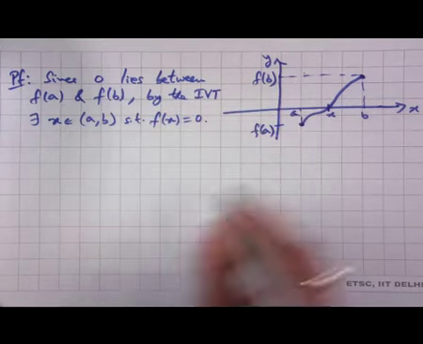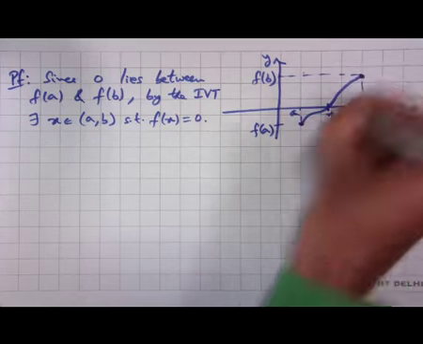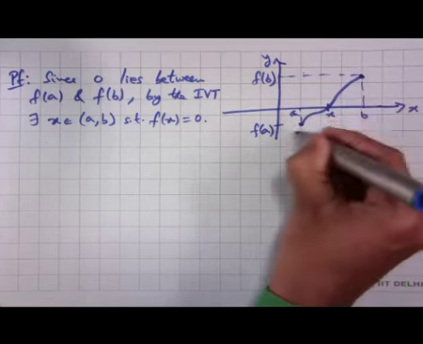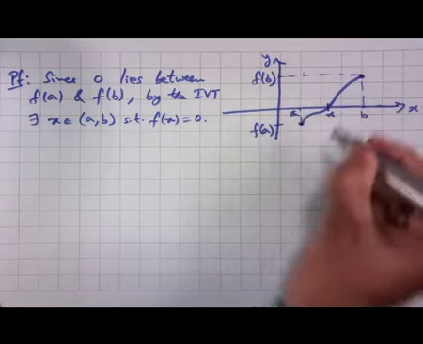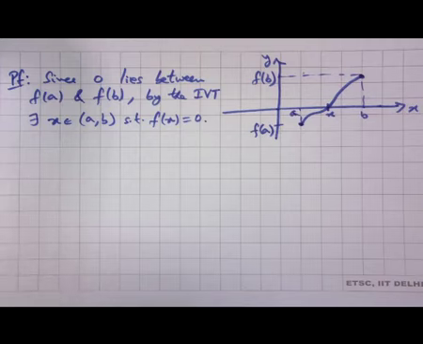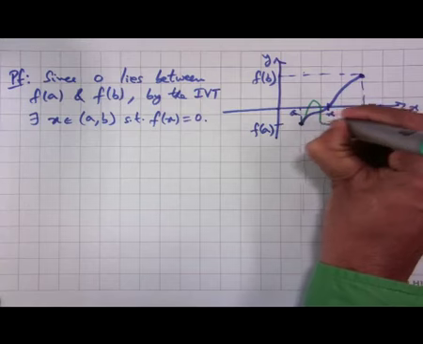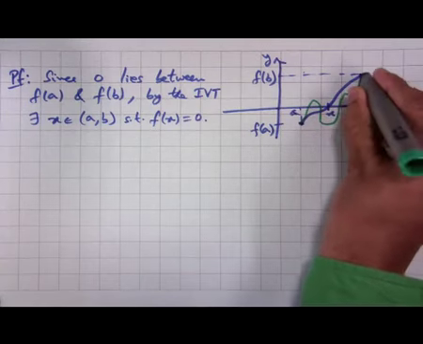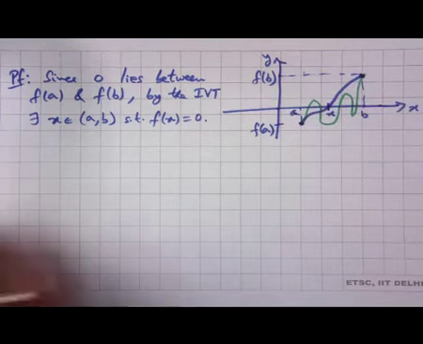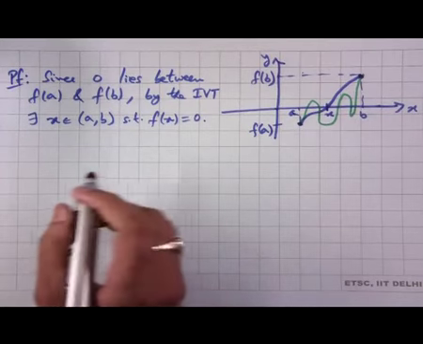Of course, this x cannot be a or b, because f of A and f of B are non-zero. So, there is at least one x, and you can have more than one x as well. So, this function can be like this. So, this intermediate value theorem is again very important.